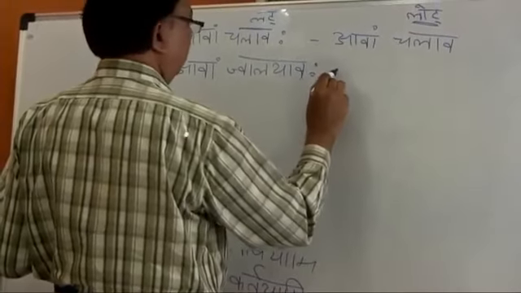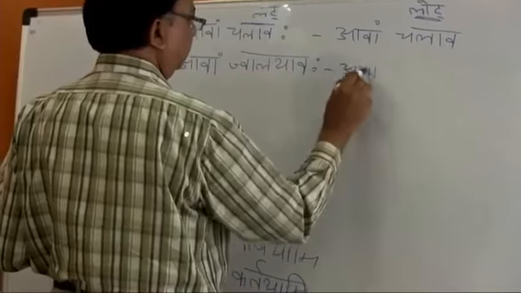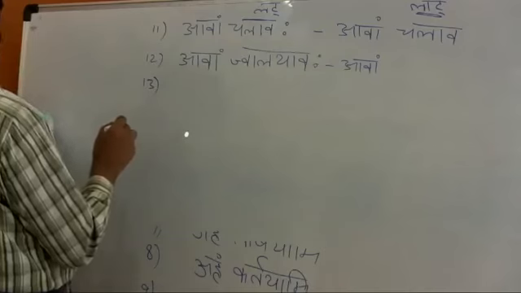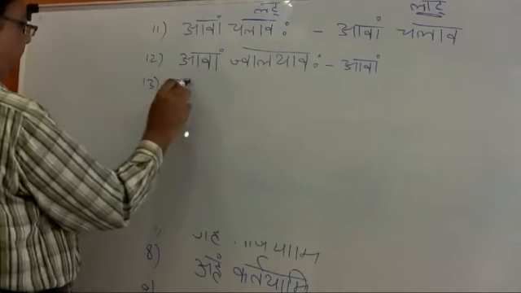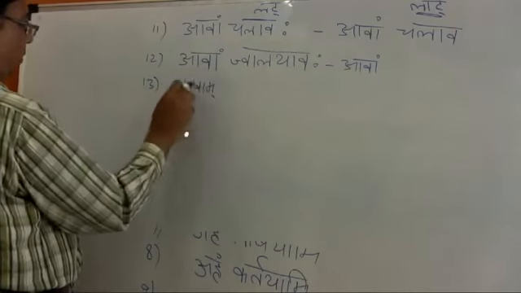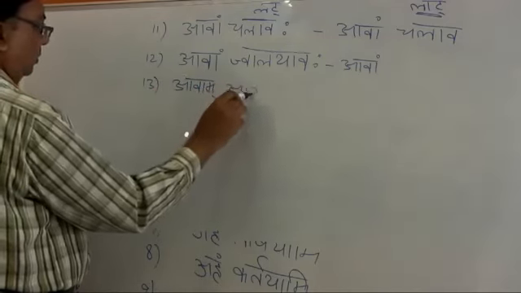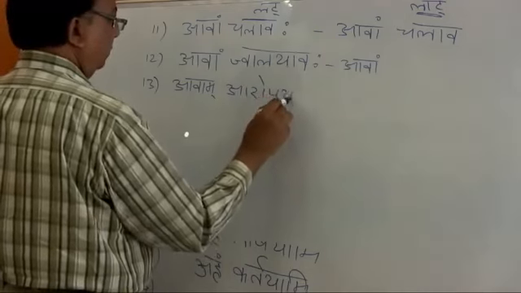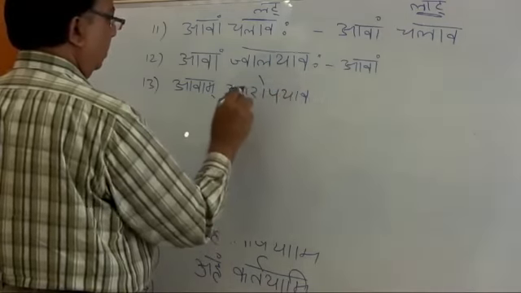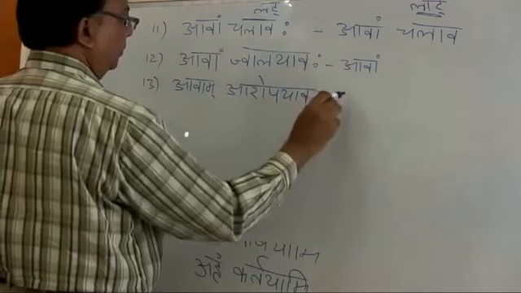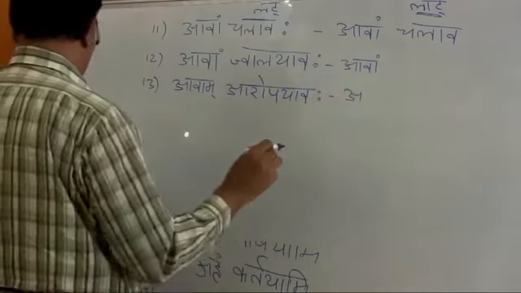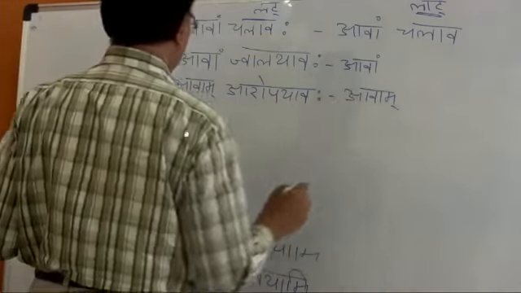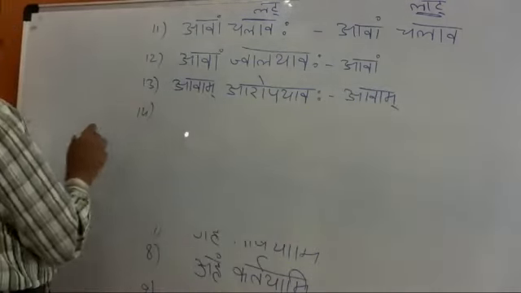Then you do it here as Avam. I will let you know. 13th one, Avam aropayavaha. Then it becomes Avam. We will write the imperative a little later.